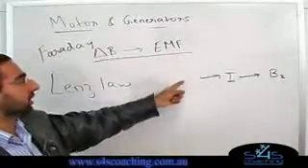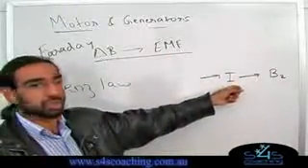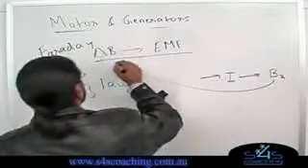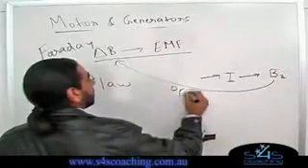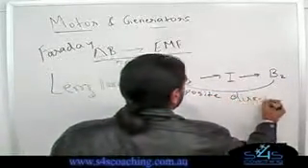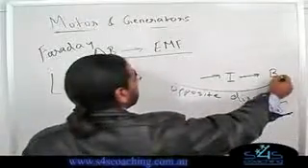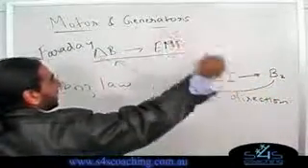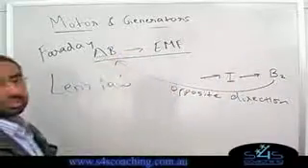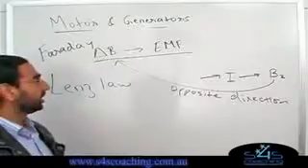Lenz's law will also tell you that this current that is produced will produce a magnetic field that has to be in the opposite direction. So this new magnetic field that is produced by this EMF/current has to be in the opposite direction to the original magnetic field. Why is that?